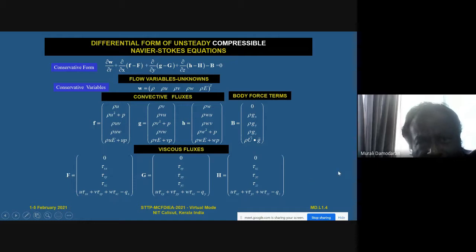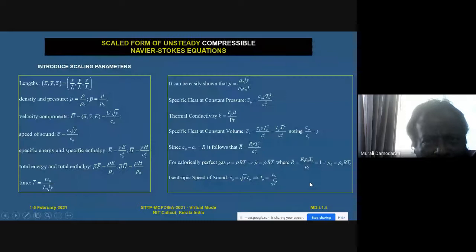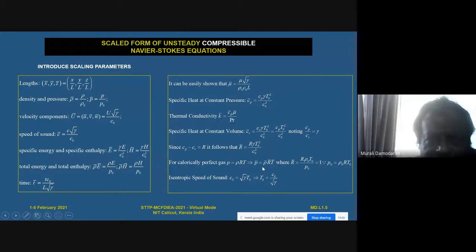This is the differential form. You can extract this from the integral form through a transformation, and this you can always see in the textbooks which you are reading. We would also encourage the practice of using scaling, which is required to make the computation in a non-dimensional form.